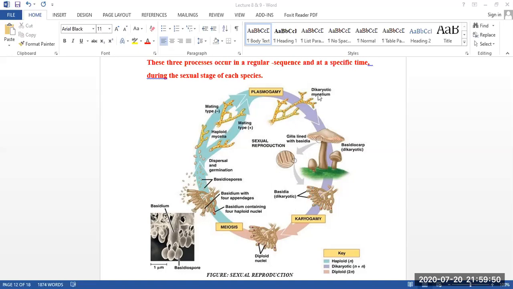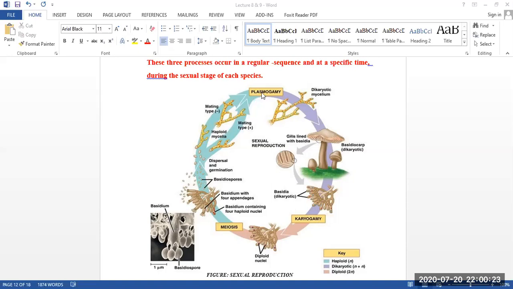In some higher fungi, this dikaryotic mycelium can stay in that condition for two or three generations, but if it gets favorable conditions, it prepares the basidiocarp, the fruiting body that you already know. From this mycelium, the fruiting body will be produced.